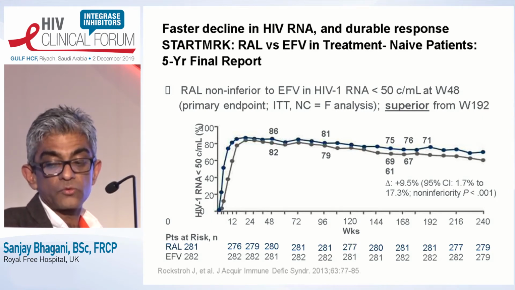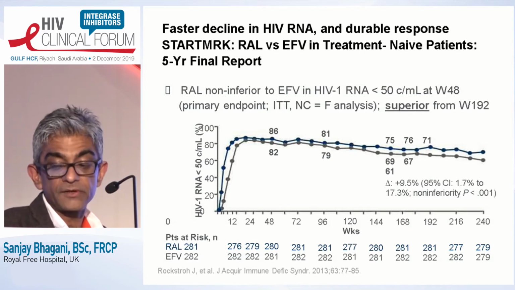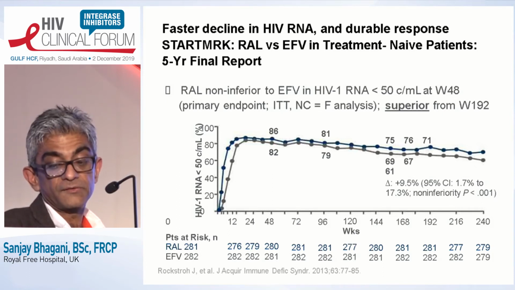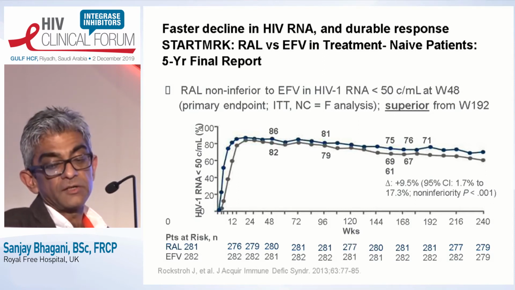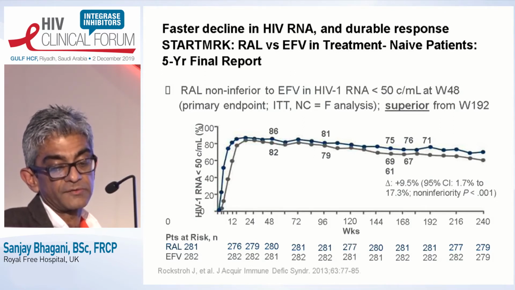But as you go down to week 192, so out to 5 years, suddenly raltegravir appears superior to efavirenz in terms of maintaining an undetectable viral load. And so not only is the efficacy assured, but there is longevity in terms of response, certainly to raltegravir, and we're starting to get data through with the other integrase inhibitors as we go through time.